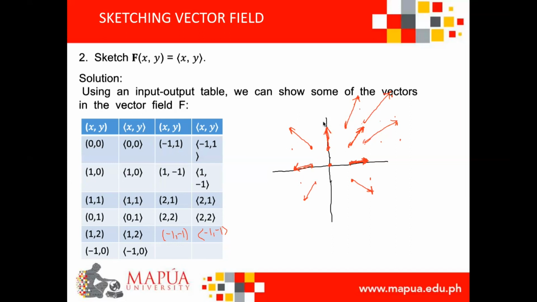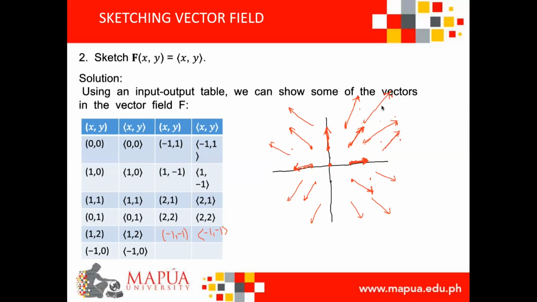So as we assign values here on your xy, we also have the components of your vector. It will look somehow like this. They should all be parallel.